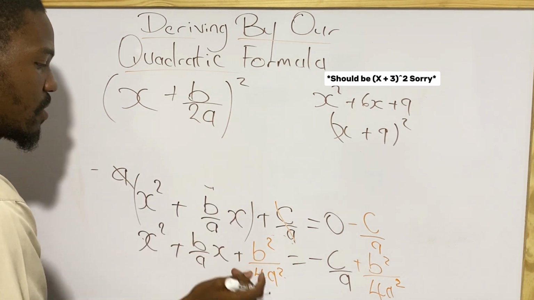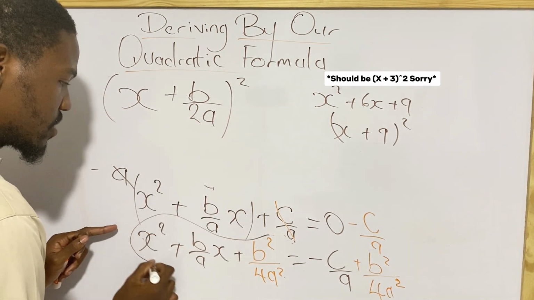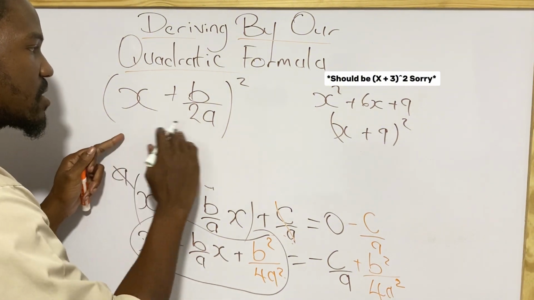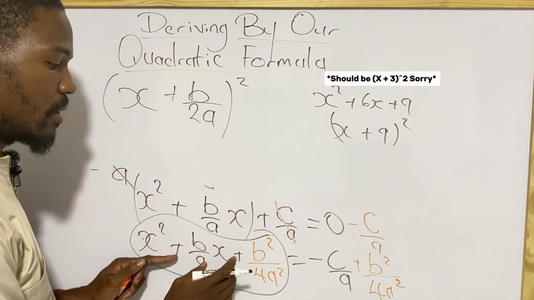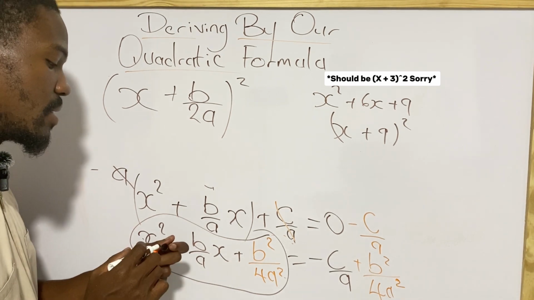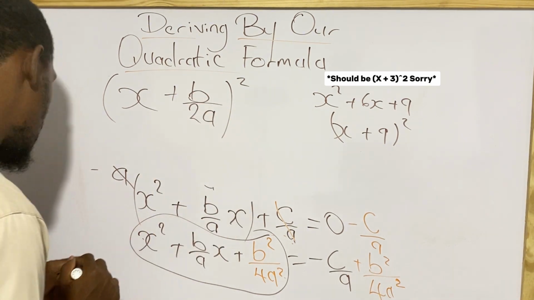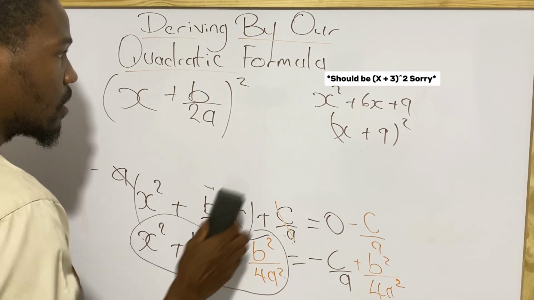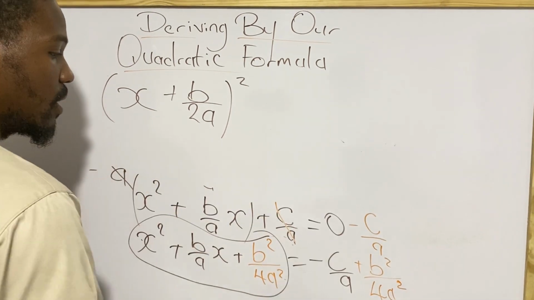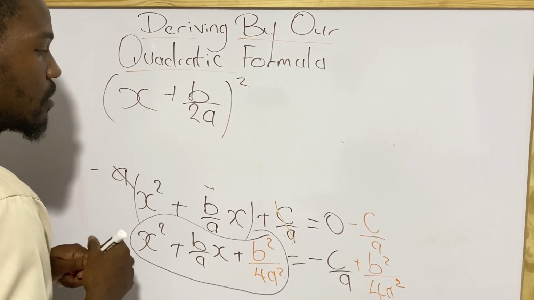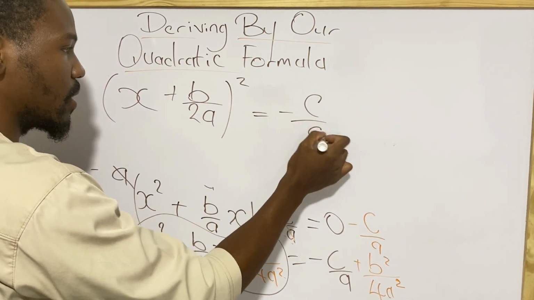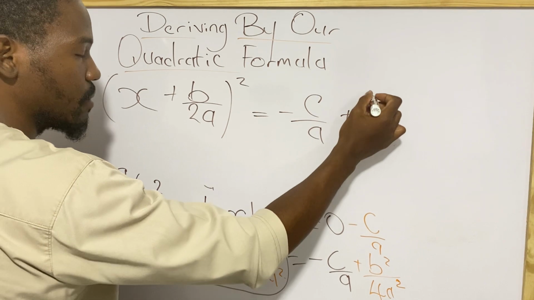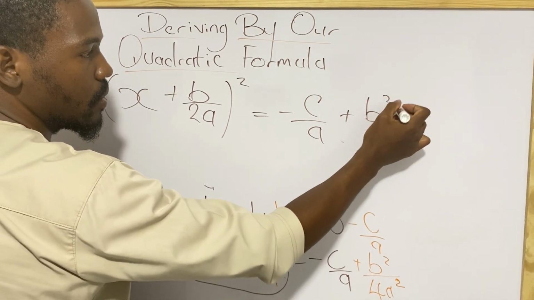So this expression right here is just the perfect square of the trinomial right here. And what else do we have? We also have that equal to negative c over a plus b squared over 4a squared.